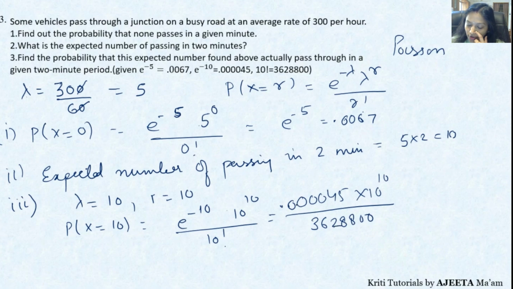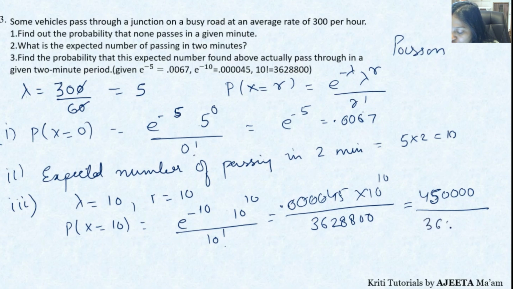So if I just go for it, there are six zeros, 1 2 3 4 5 6 digits, right? So what do you get here? 45000... 10 raised to 10 में 10 zeros आप शिफ्ट कर दीजिए 10 places पे.